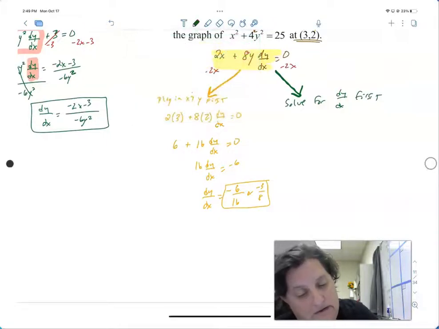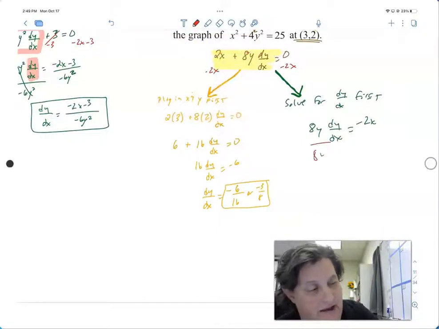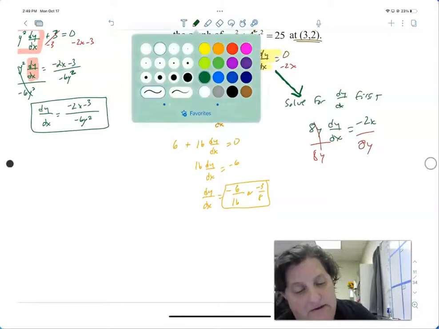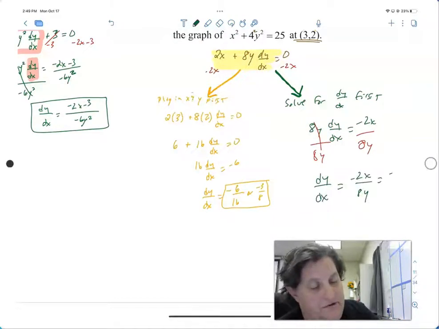So I would get 8y dy dx equals negative 2x. Okay, to get dy dx by itself, I would divide both sides by 8y. And I get dy dx is negative 2x over 8y, which I could reduce to negative x over 4y if I wanted to.